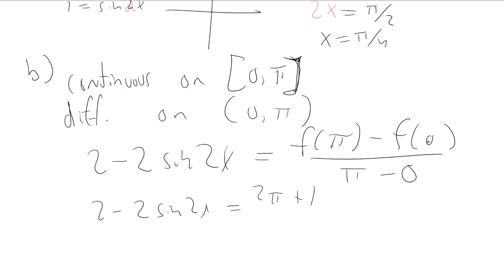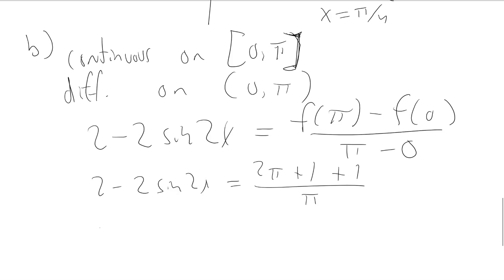If I plug in 0, I get 0 plus 1. All of this is over pi. So the instantaneous rate of change, which is the derivative, is equal to the average rate of change, which looks like that.